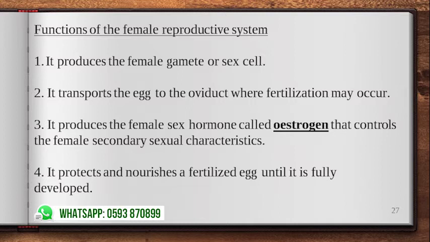It produces the female sex hormone called estrogen. Estrogen that controls the female secondary sexual characteristics. 4. It protects and nourishes a fertilized egg until it is fully developed.